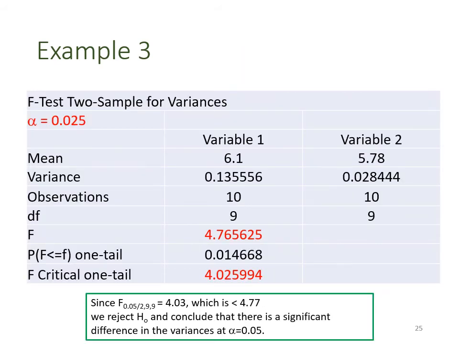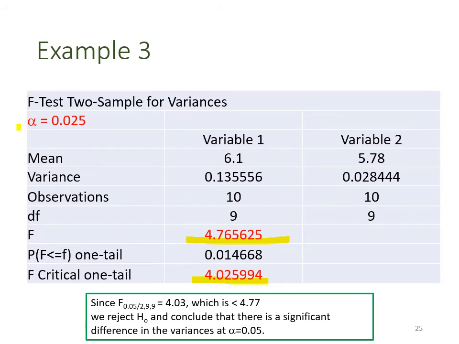Again, we can do the same test using Excel. As you see here, we get that same experimental F value that we just calculated. We get the same critical F value. Again, we make the same conclusion.